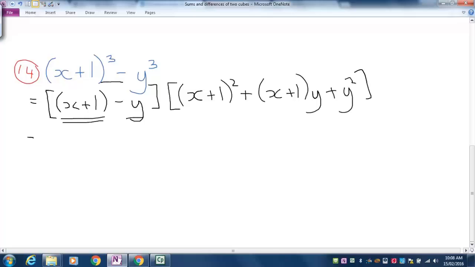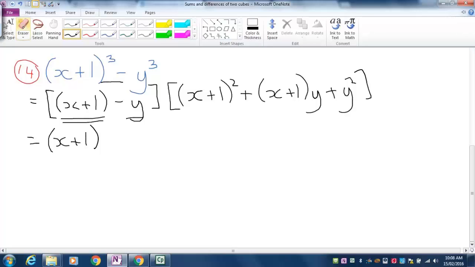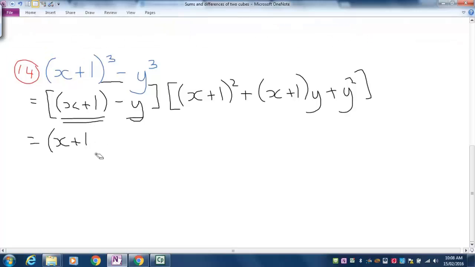Now in the next line I'm going to tidy up by expanding a little bit, and in this first set of brackets I can actually take that x plus 1 out of brackets. Apologies, I closed my brackets a little too early.